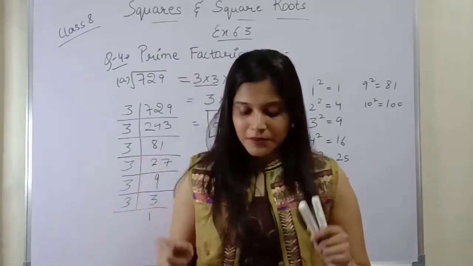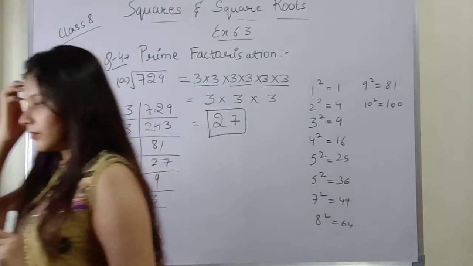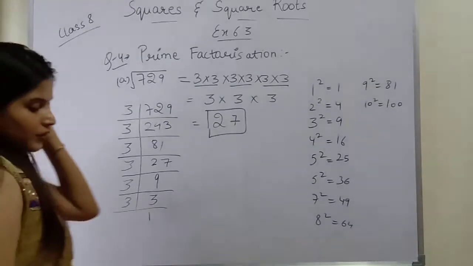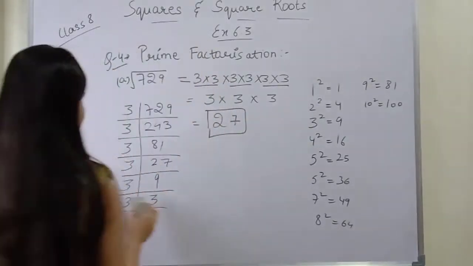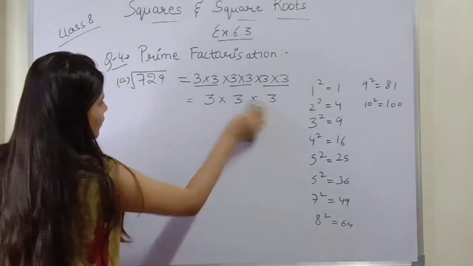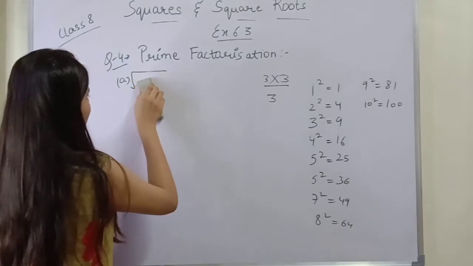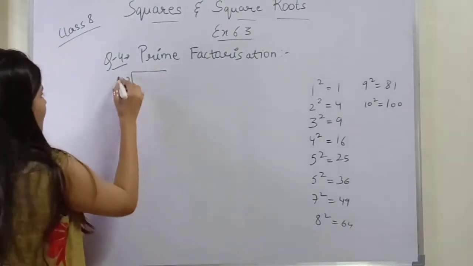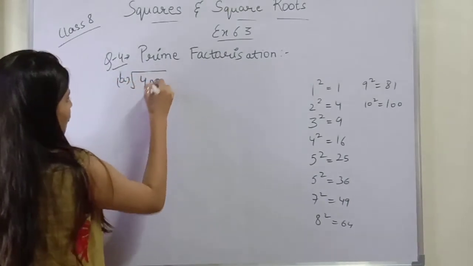Now we will start with our next part. The B part is 400.